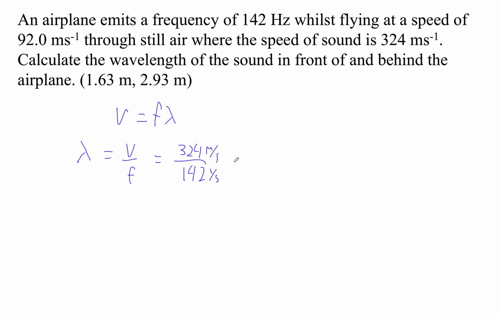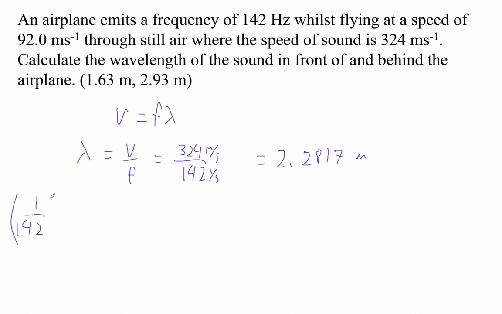So 324 divided by 142 comes out to 2.2817 meters. Now, the airplane moves in one cycle, in 1/142 of a second. It's moving 92 meters per second.